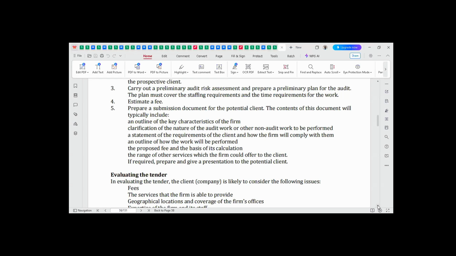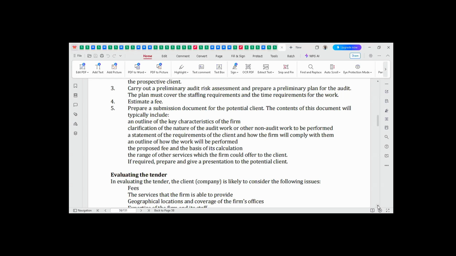Another thing they're also going to consider is the geographical location and coverage of the firm's offices. That is, they would like to know, is your audit firm located only in a city or in a state, let's say Lagos, or do they have other offices all over the country or even outside the country, like the Big Four? This is where they are going to have an edge over many other audit firms.